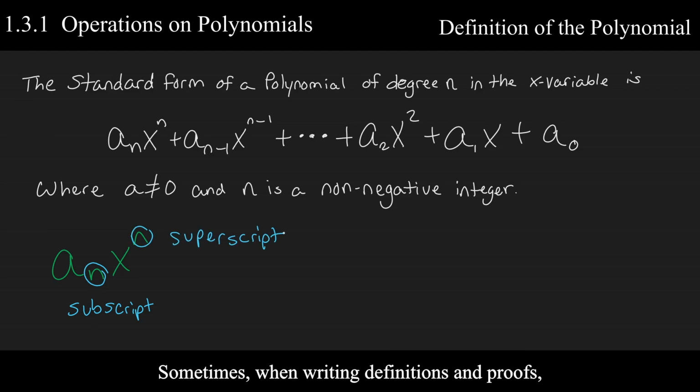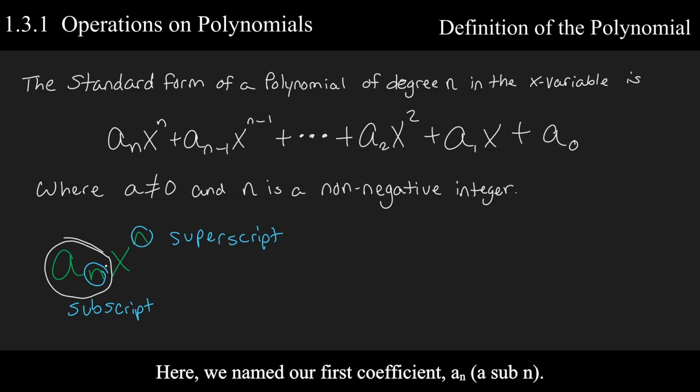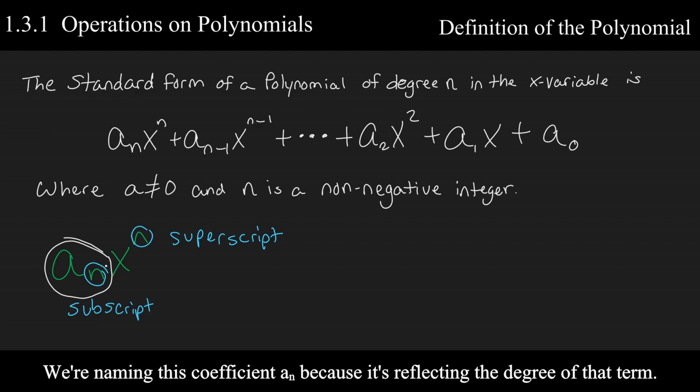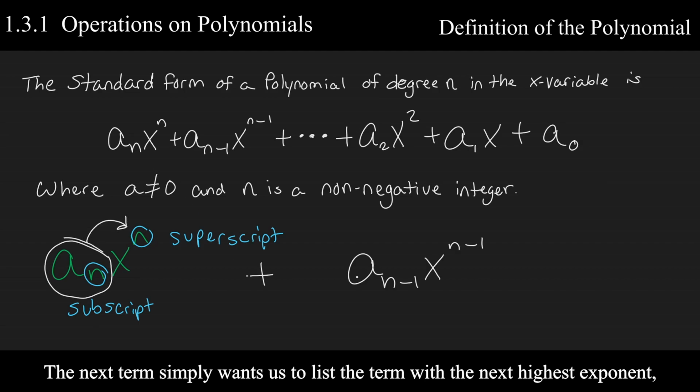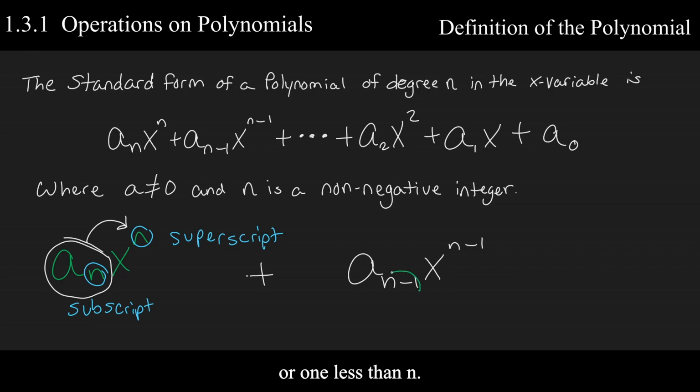Sometimes when writing definitions and proofs, it's prudent to name our coefficients. Here, we named our first coefficient a sub n. We're naming this coefficient a sub n because it's reflecting the degree of that term. The next term simply wants us to list the term with the next highest exponent, or 1 less than n.